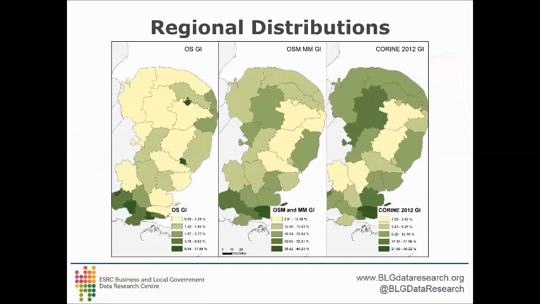You can also see that there's a little bit of a difference in the geographical pattern across the three maps. So, for example, the Open Greenspace layer from the Ordnance Survey has a very strong urban focus.